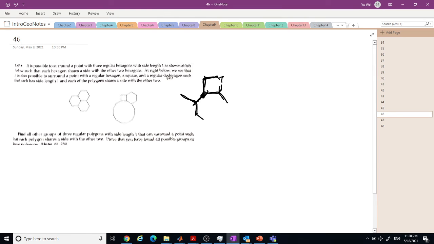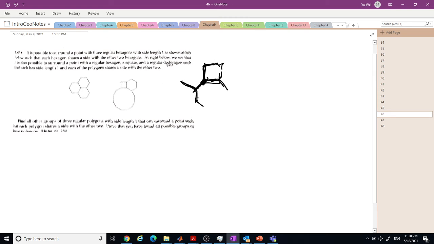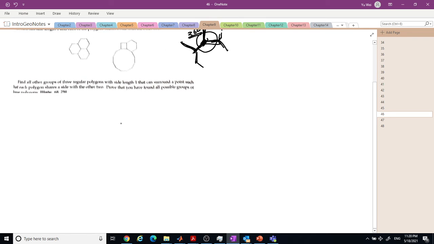So for every point, you can see we have 3 of them connected to each other. So that's why it led you to calculating all the combinations. Based on this, the only thing we need to know is the 3 interior angles construct 360 degrees, right?